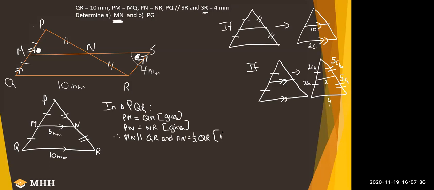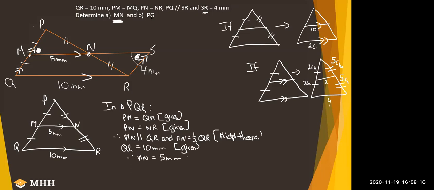And the reason is because of the midpoint theorem. So I can say here, QR is 10 millimeters, that was given. Therefore, MN is 5 millimeters. Sharp. So I'm going to fill it in there. So this one is going to be 5 millimeters. And I know this side is parallel to this one.